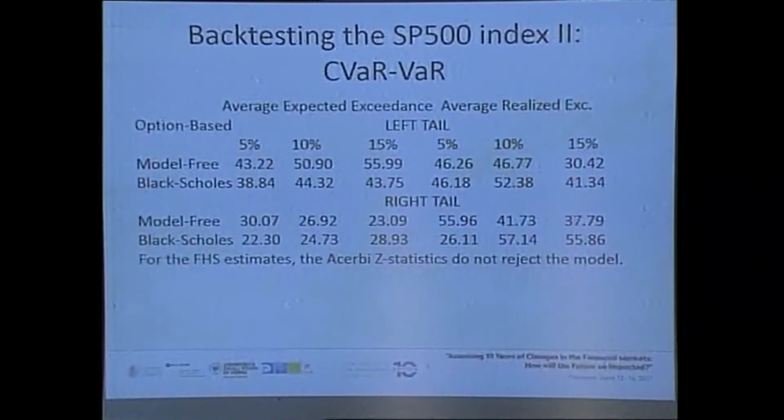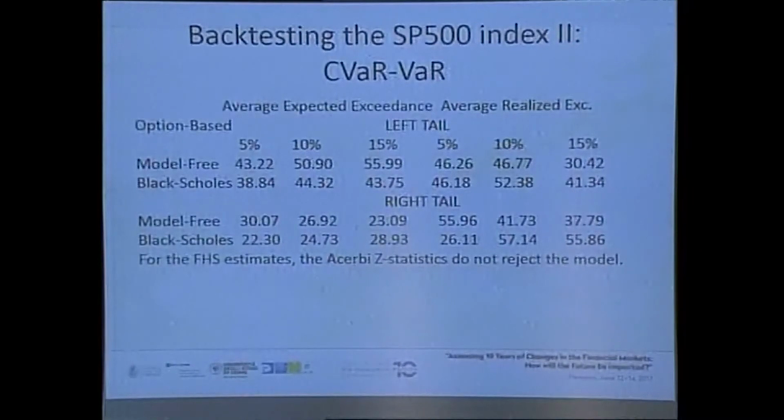But if you look at the average of realized exceedances, which is the right half of this table, you find that more or less they seem to be in line with the forecasts of either model.